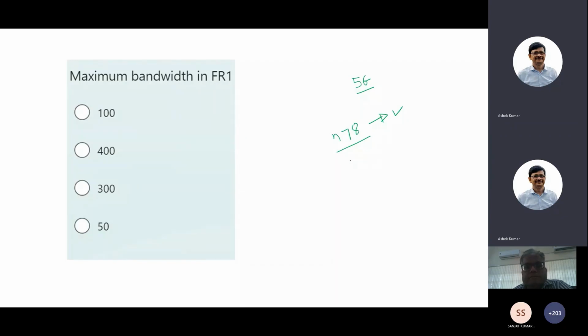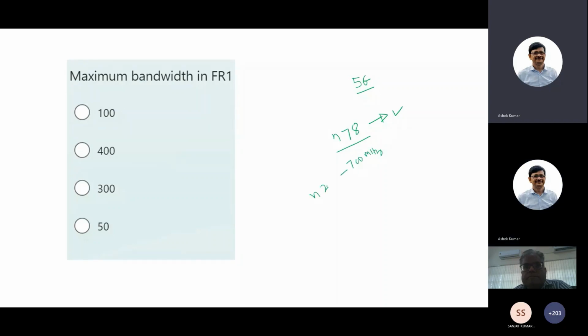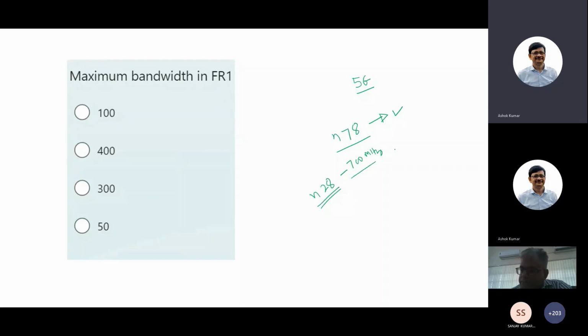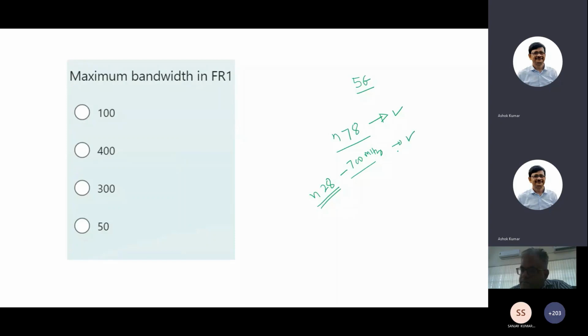So they are using 700 megahertz band, which is called N28. So you should look for N28 band while you buy a phone. In millimeter wave, as of now, I think no commercial phone is available, or if it is available, it is very, very costly.